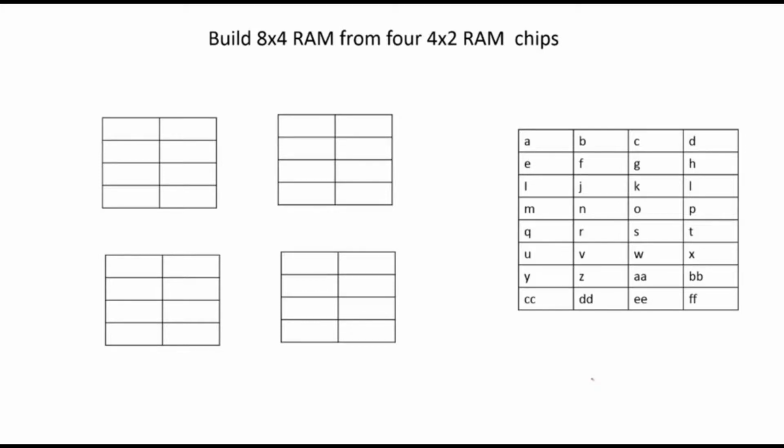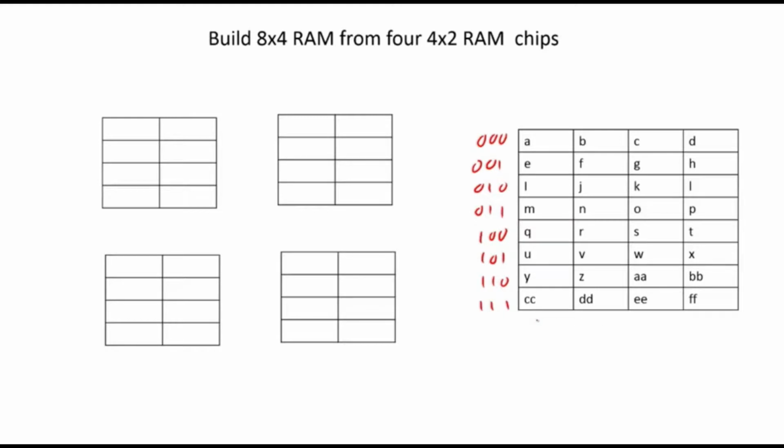So we're going to build an 8x4 RAM from 4 smaller 4x2 RAM chips. And the first thing that I want to start off doing is think about this from a conceptual level. If we have a 4x2 RAM chip, each of the rows here corresponds to one address, and they have the following binary encodings. And then each data row is going to have a separate bit.